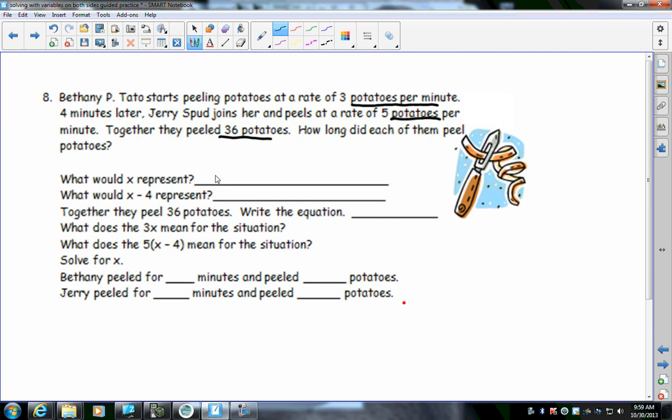Okay. What would X represent? So first off, Bethany is peeling 3 potatoes per minute. So this X right here is the number of minutes. So X represents number of minutes.